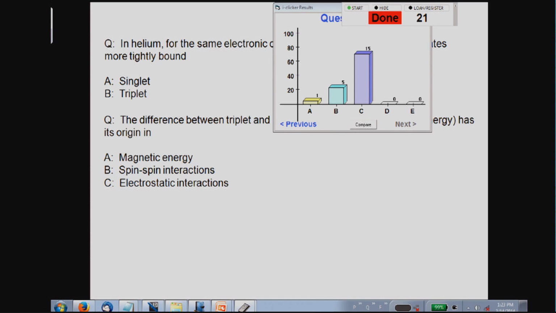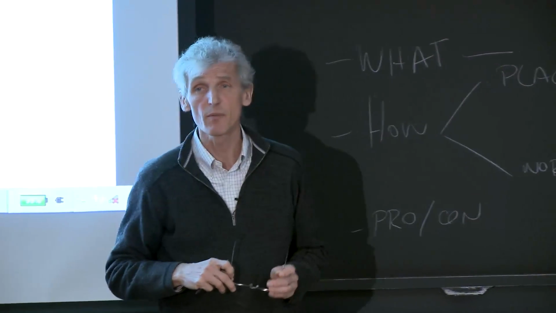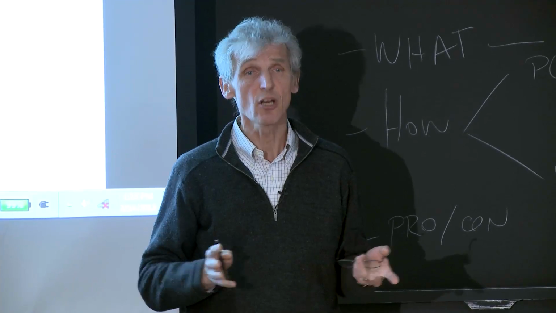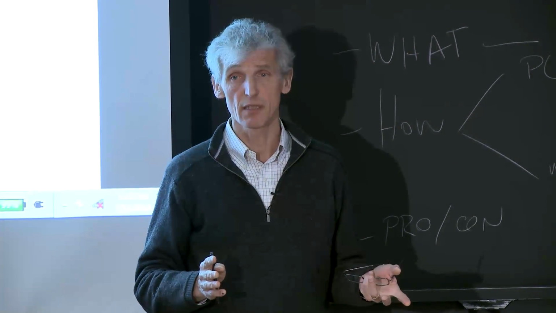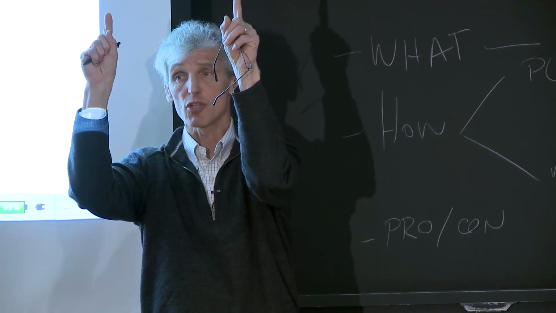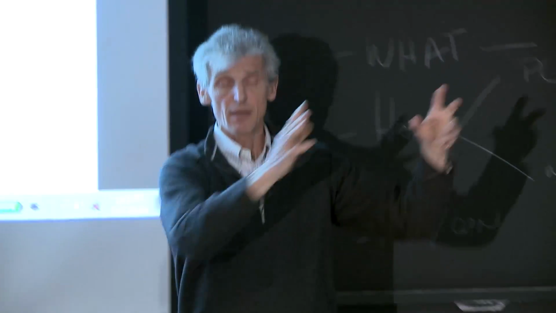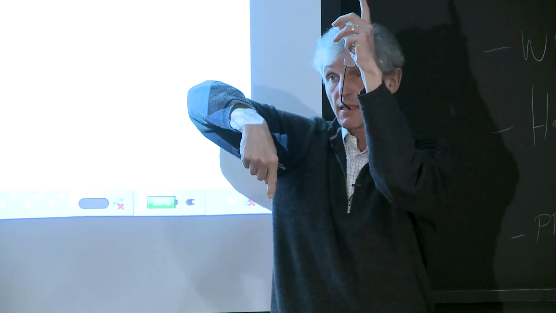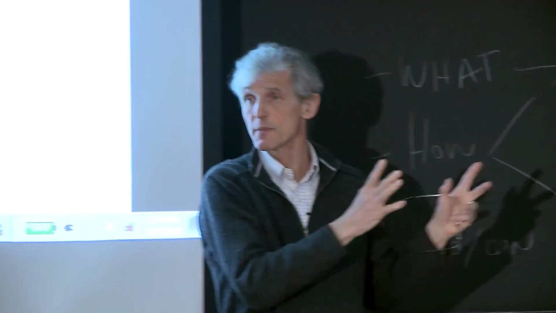Yes, it's the Coulomb interaction, it's electrostatic interactions. We discussed the singlet-triplet splitting and the structure of helium without any magnetic or spin-dependent interaction. All we had is a Coulomb interaction. In the triplet state, which is a symmetric spin state, the spatial wave function has to be antisymmetric. In the singlet state, the spatial wave function has to be symmetric.